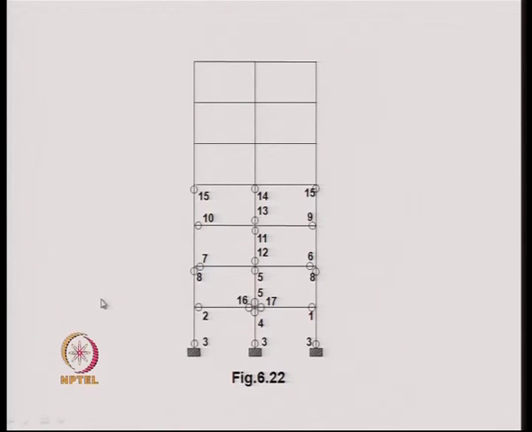if we look at this particular joint, we find that the plastic hinges are forming at all the 4 cross sections surrounding this joint. As a result, there is a rotational failure at this particular joint, and because of this rotational failure, the stiffness matrix became ill conditioned, and therefore the calculation had to be stopped.